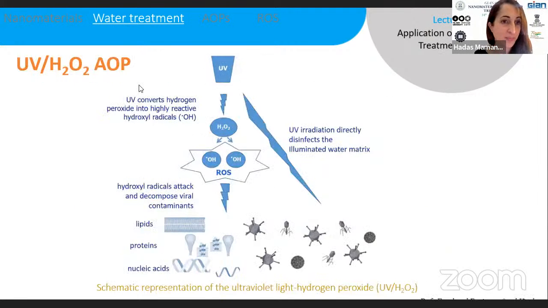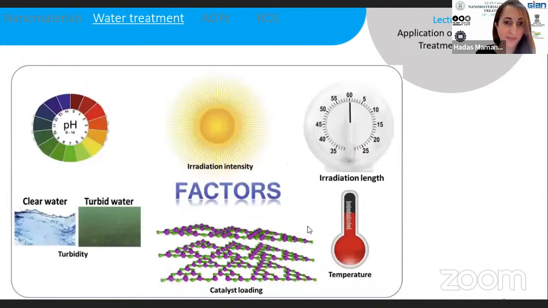Then another type of AOP could be UV-based AOP. Within this process, the UV will photolyze hydrogen peroxide and form hydroxyl radicals. And these hydroxyl radicals can actually do many things. If it's bacteria, they can oxidize the membranes, the proteins, the lipids, but also they can oxidize various organic pollutants.